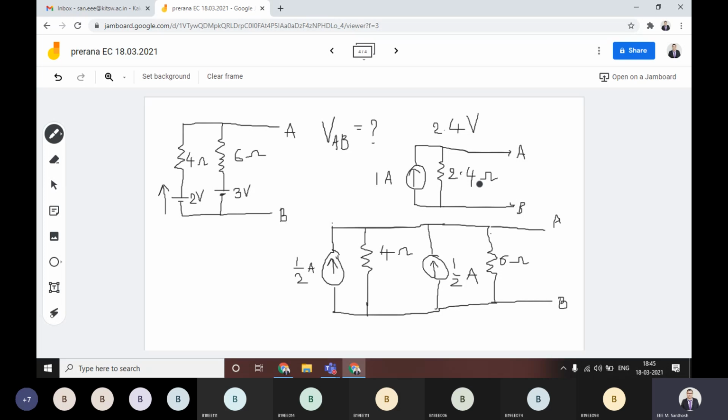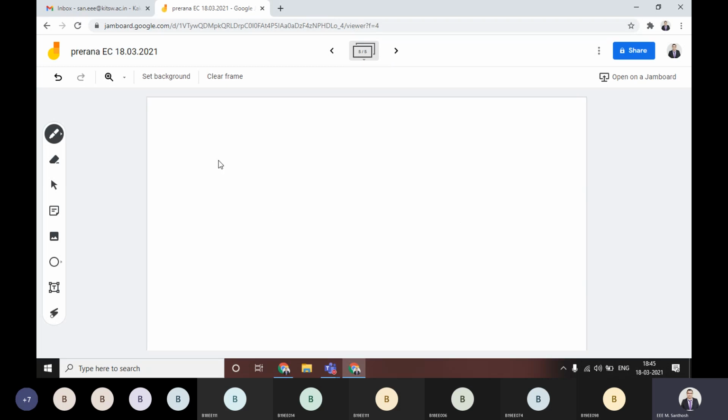Now, I hope this one is simple, but I am giving you a tricky one now. Draw this circuit.